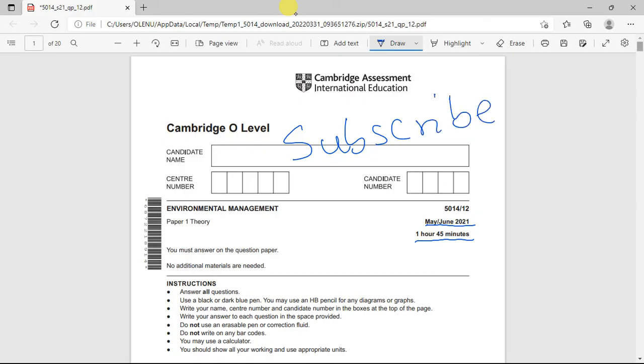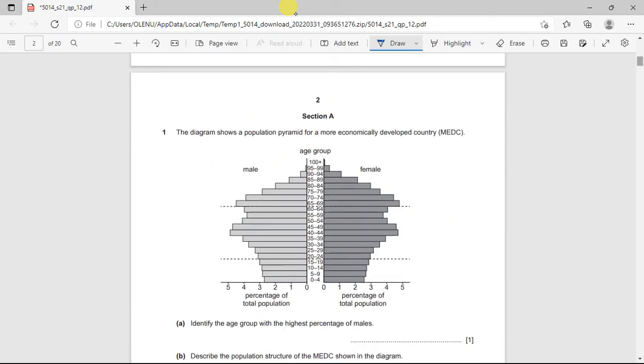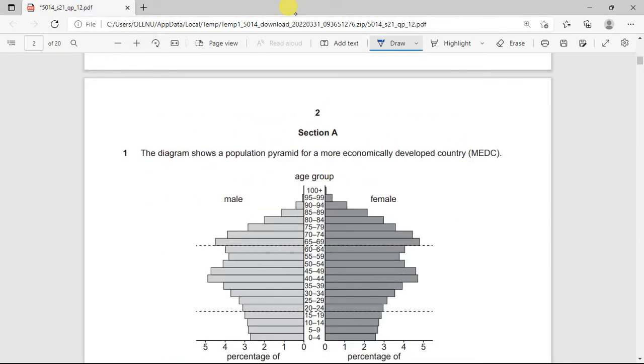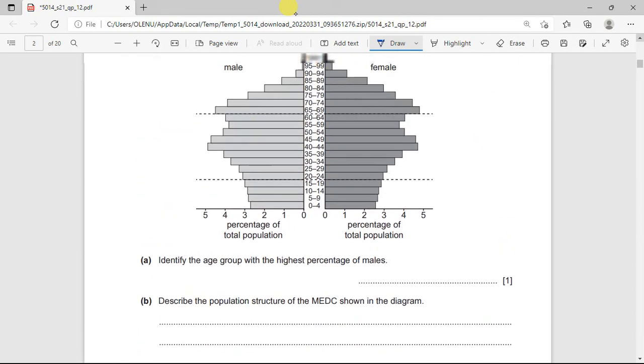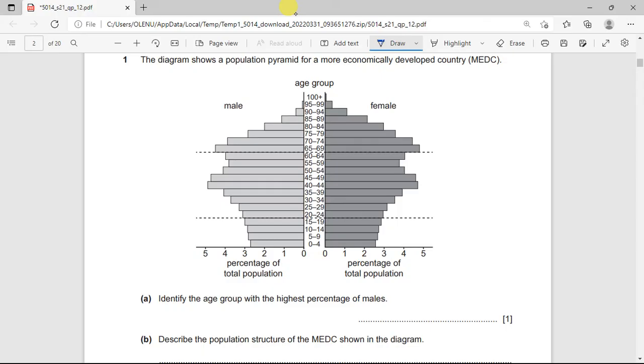So quickly, the first question is, the diagram shows a population pyramid for a more economically developed country, which is an MEDC. So here we have a population pyramid. And anytime you're given a population pyramid, you should know it's divided into three parts.